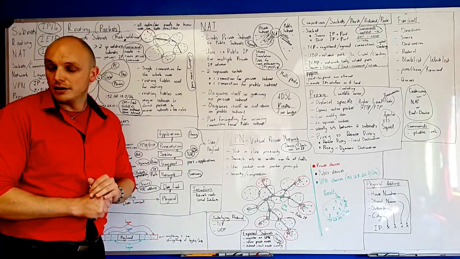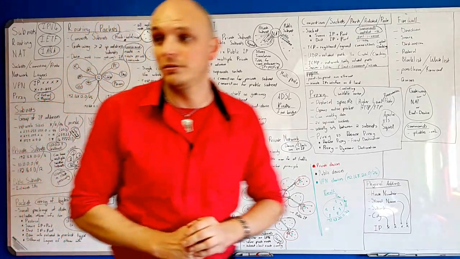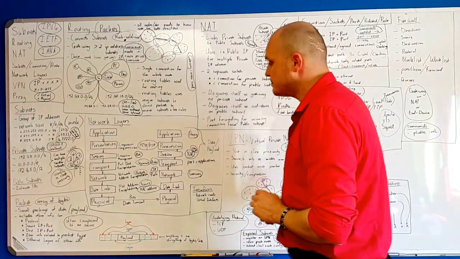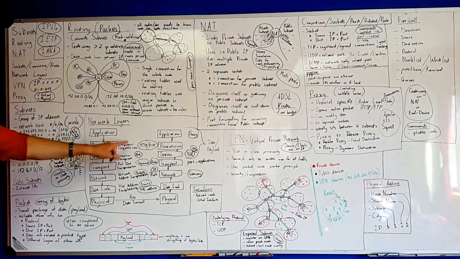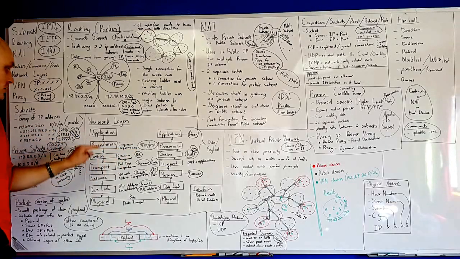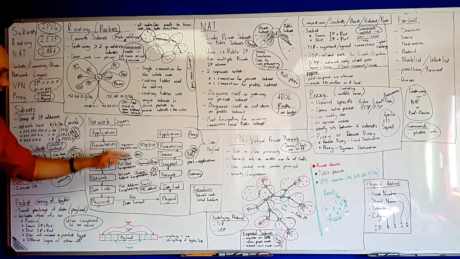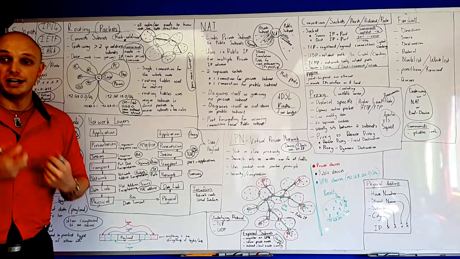Does anybody have any questions? What's the encryption? Encryption is usually on this layer. There, I actually said encryption and compression. So if there's encryption, it's usually in the presentation layer. Everything below that is just raw data. It's never encrypted, because everybody along the route needs to know what it is.